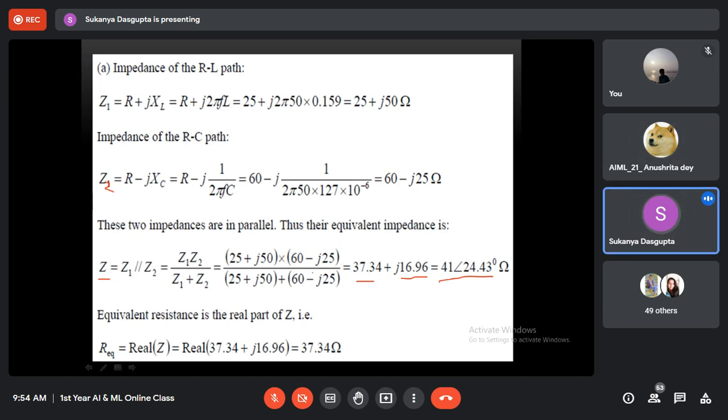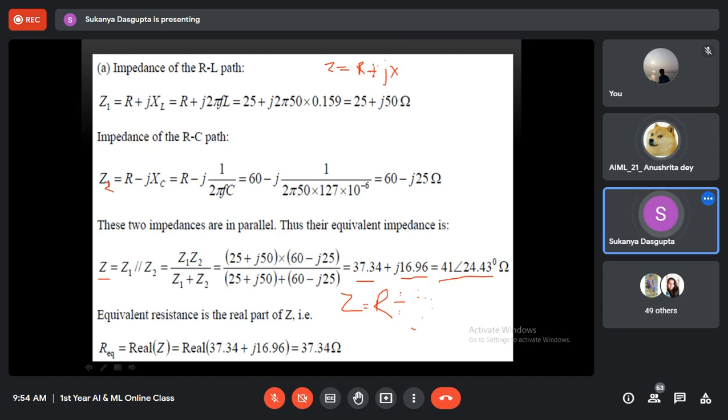Any impedance can be represented as Z equals R plus Jx, where R is the resistance. Why are we only considering the imaginary part? Wait, let me write first. What is the definition of impedance? R plus Jx.